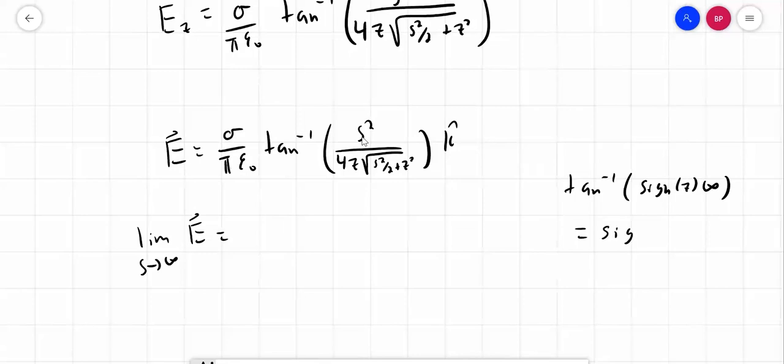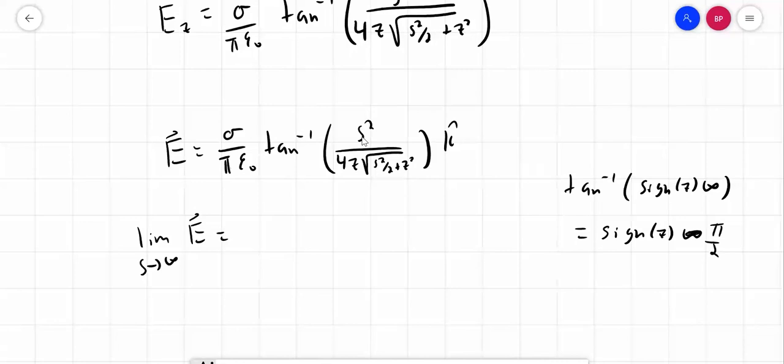So this is the sign of z times infinity. You might have seen this before, but the sign of a function is +1 if it's positive, -1 if it's negative, and 0 if it's 0. Okay, so this is plus or minus pi over 2.